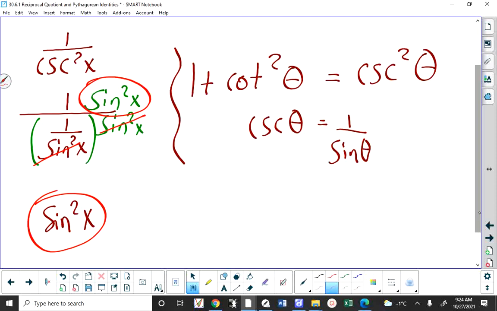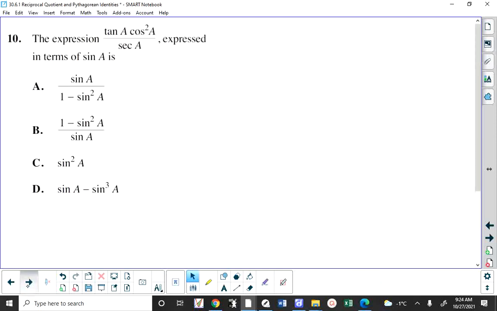Number 10. So we want to simplify the expression. It doesn't actually say simplify, but we are asked what it's equivalent to. So we have tangent of A times cos squared of A over secant of A. One of the things I notice, and I think it's good advice at this level, is to look at your choices. It's multiple choice, right?